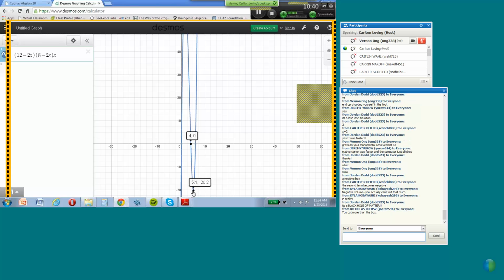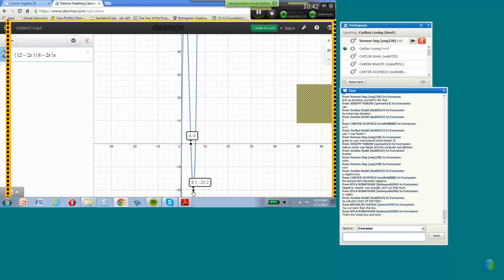We have kind of shown again how a domain can be impacted by context. Remember quite a while back, before Christmas break, we said that your domain can be impacted by your context.